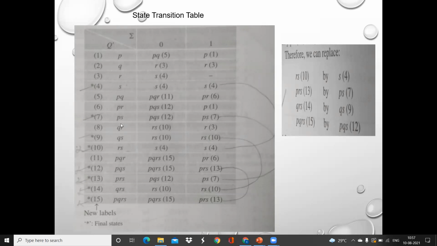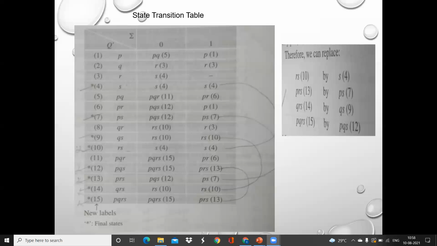So accordingly, 10 is replaced by 4, 13 is replaced by 7, 14 is replaced by 9, and 15 is replaced by 12. This is how it is done.